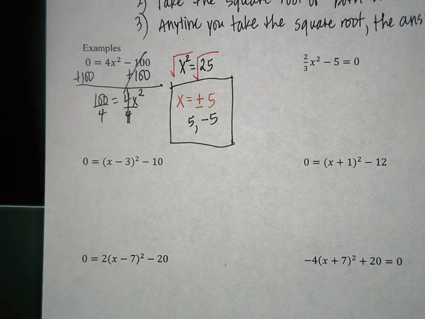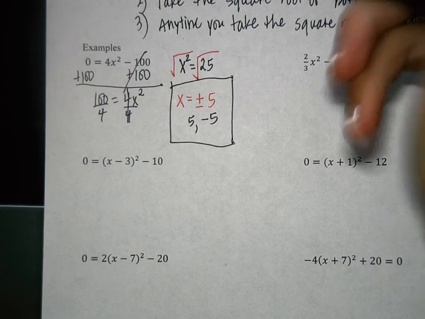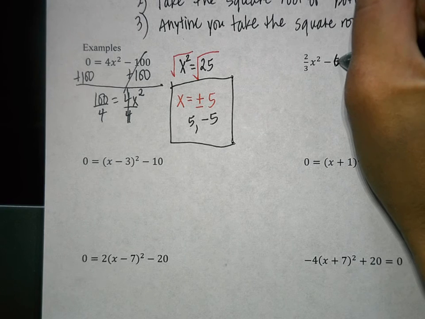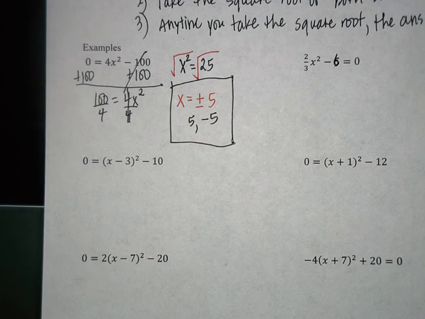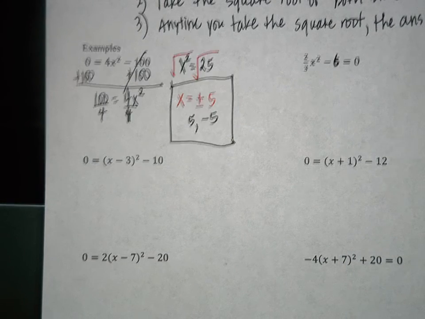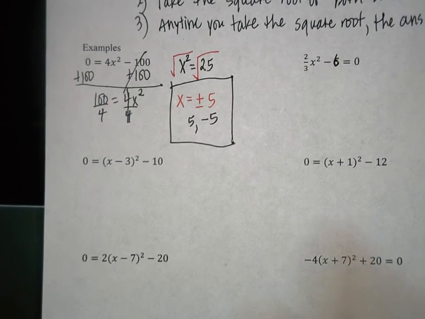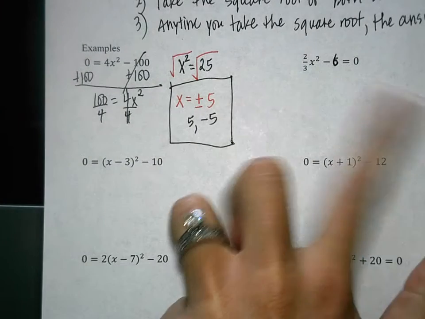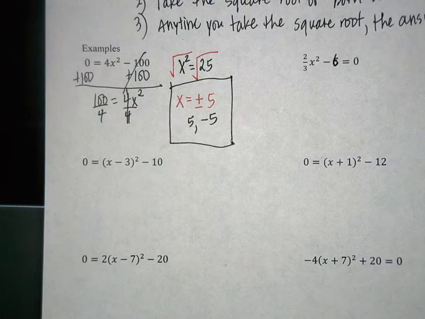Okay, this next one, I'm going to change this for right now to 6. So we'll make it a little bit easier for this problem here for a minute. What would I do in order to get rid of the fraction that's here? Who remembers? I can eliminate fractions by multiplying by the denominator, the LCD. Okay, so in this case, if I multiply every single term by 3, I will eliminate my fractions.